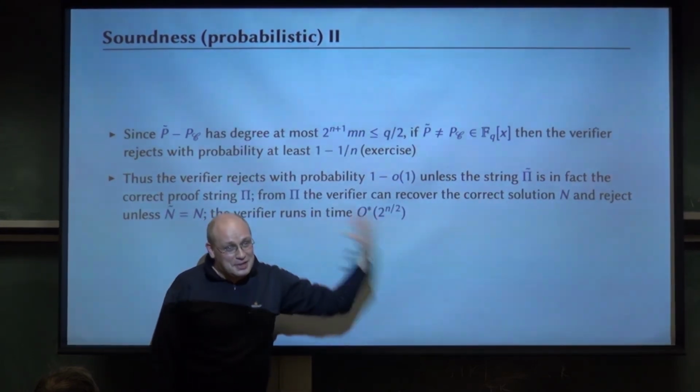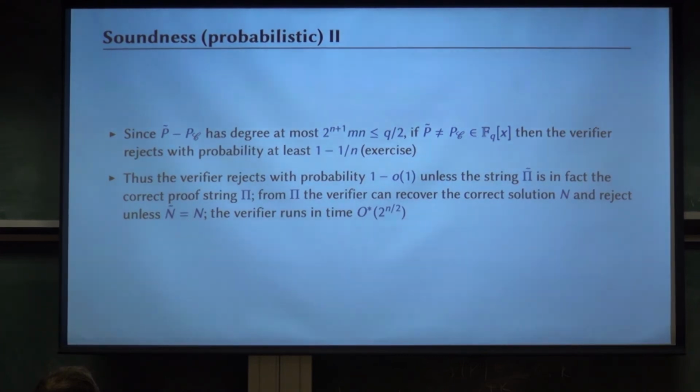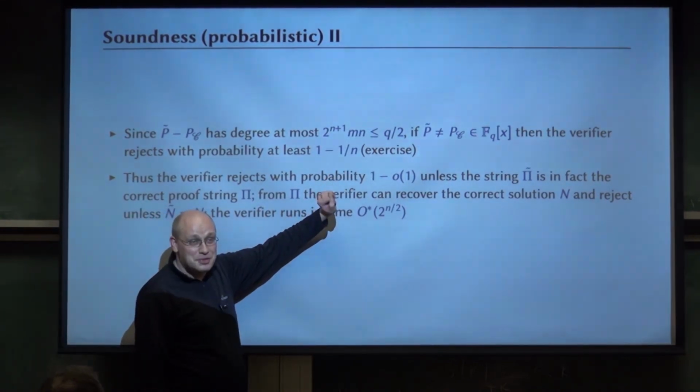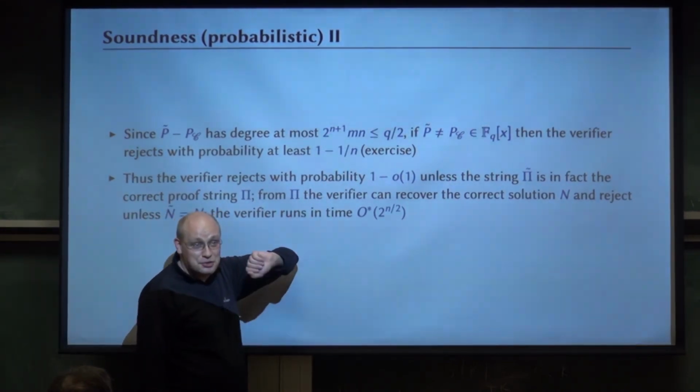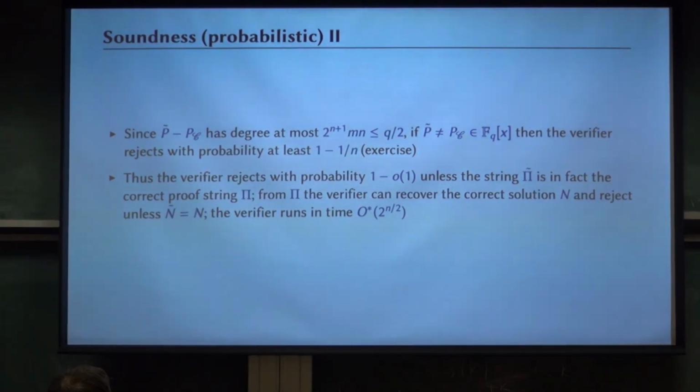So with probability at least 1/2, I'm going to hit a non-root, thereby catching the bogus prover in the act. And then I repeat a logarithmic number of times in the number of variables, independent repetitions, so this is the probability with which I will catch the prover after those repetitions.